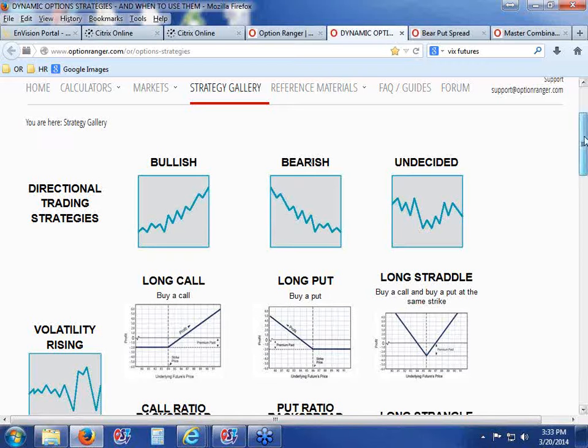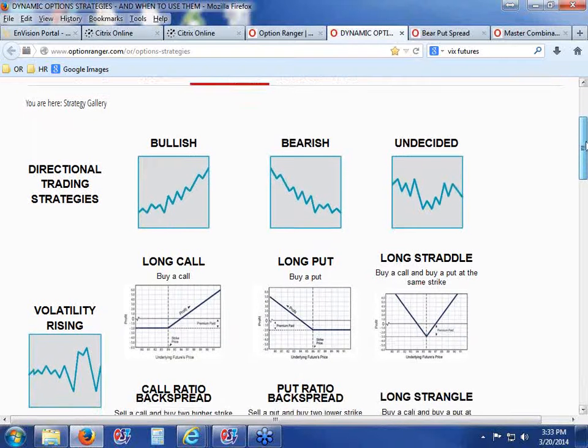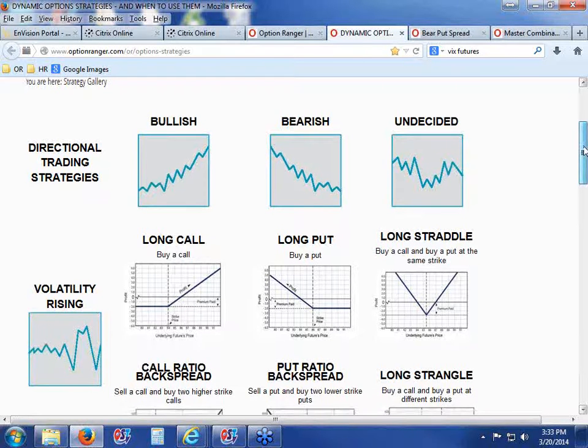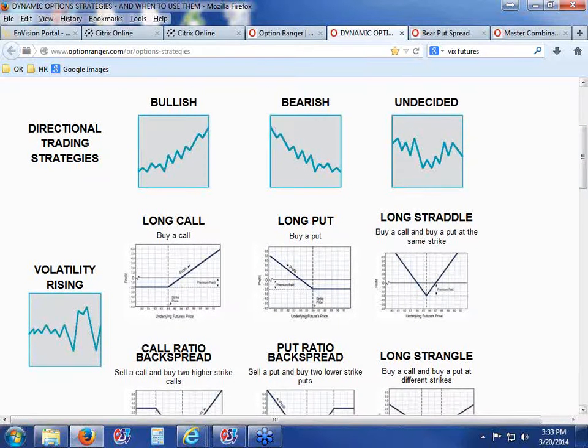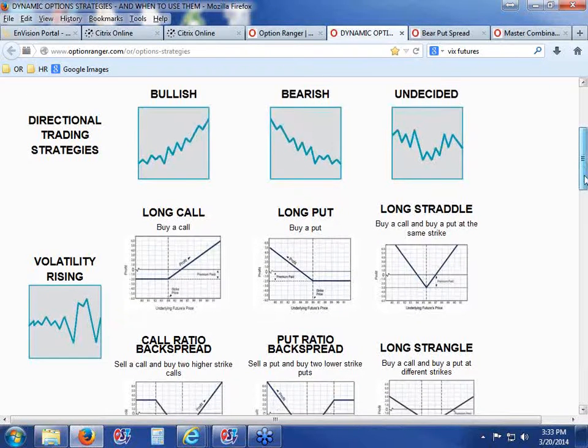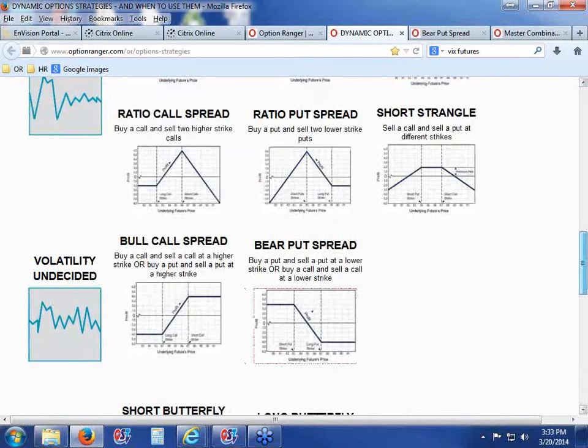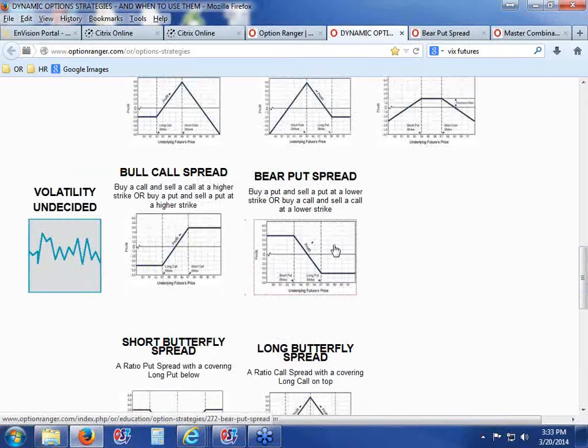The second criteria that we use for selecting a strategy, as developed over many years by the exchanges and demonstrated in various option manuals, is to look at the volatility outlook. So a bear put spread, a one-by-one put spread, is again a directional trade that is bearish, looking for the market to drop, and the volatility outlook for a bear put spread is an undecided outlook.